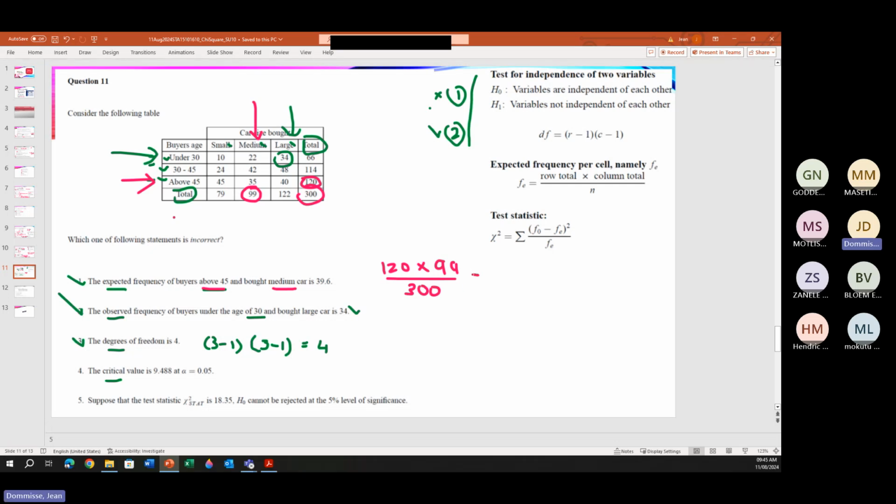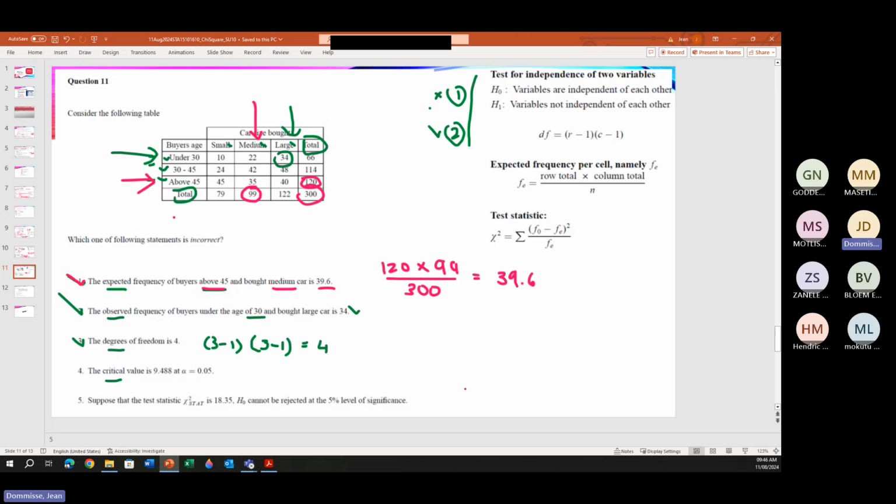And let's see what that is. 120 times 99 divided by 300 gives us 39.6. Okay, which is correct.